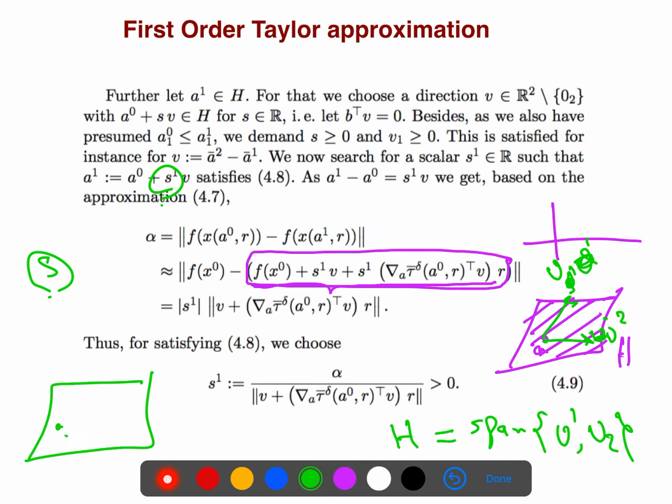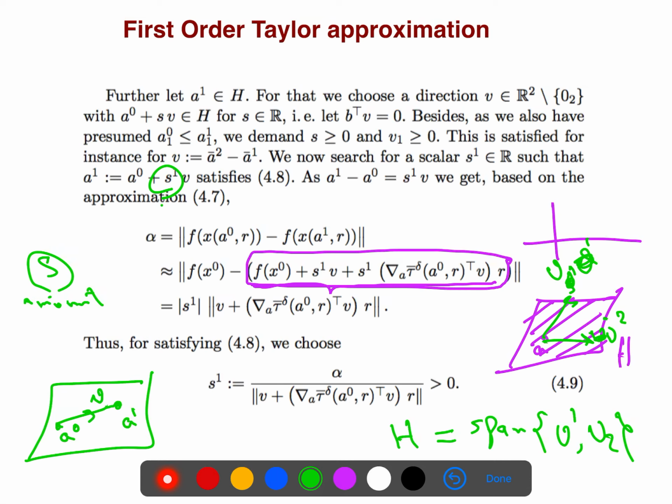So we want to design such an amount S that if you go in that direction, for example, from the first reference point that you have discovered, in direction V with amount S, you get another reference point, A1.